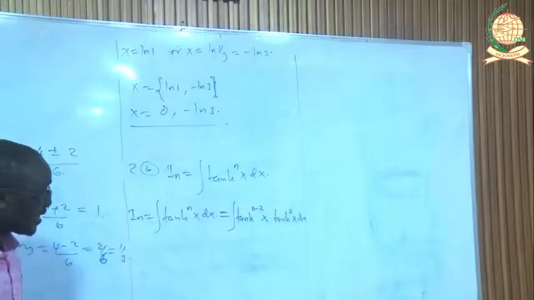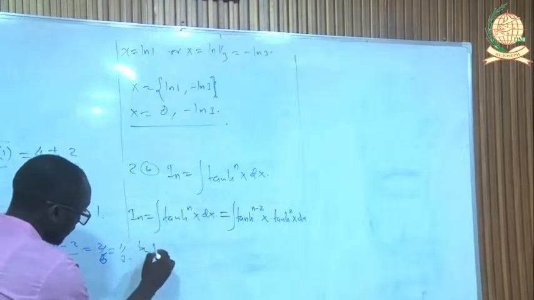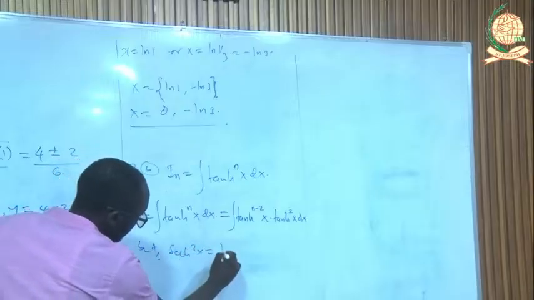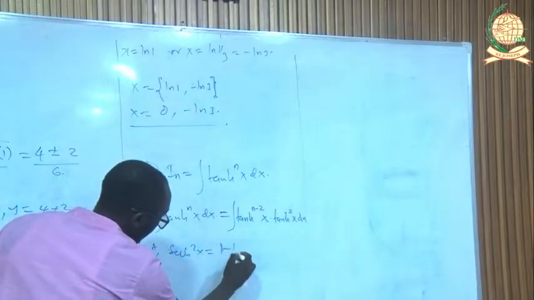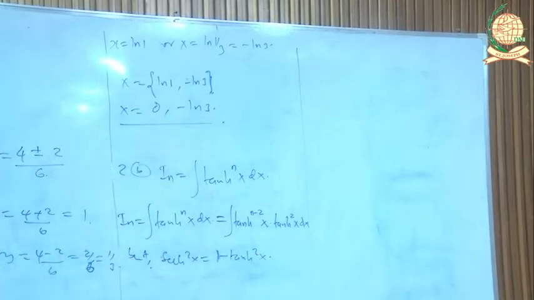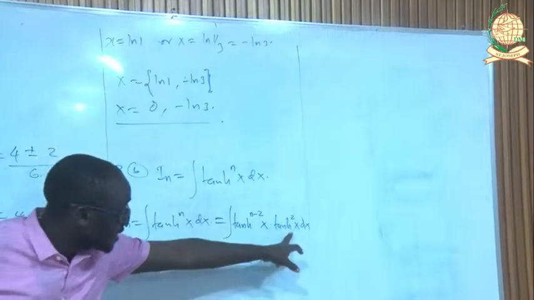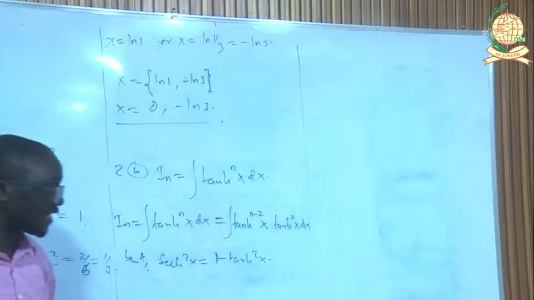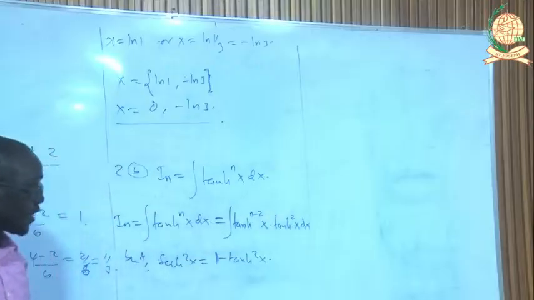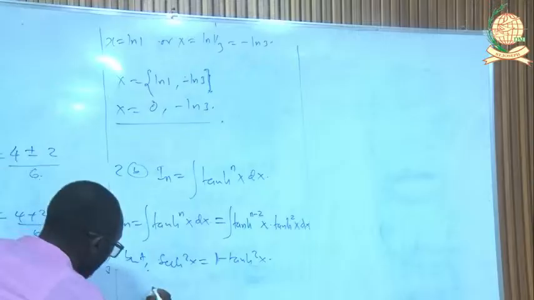But we know that sec squared x equals 1 plus tangent squared x. So what we need here, we need to define this tangent squared x in terms of sec squared x. So we are going to eliminate this tangent squared x and write it in terms of sec squared x. From this definition, this is the hyperbolic identity.